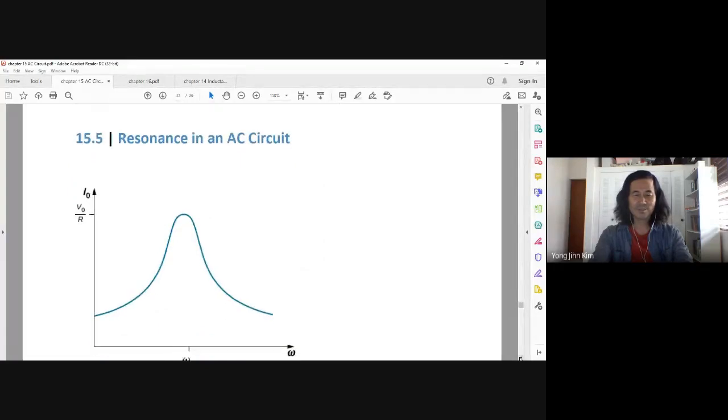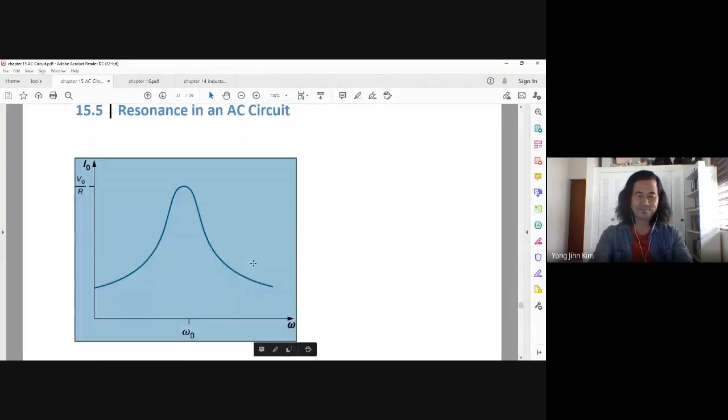Okay, let me show you a better picture for current amplitude. When the angular frequency is the same as omega 0, that is 1 over square root LC, current amplitude is maximum. This is called resonance. And at that point, the omega term is gone.